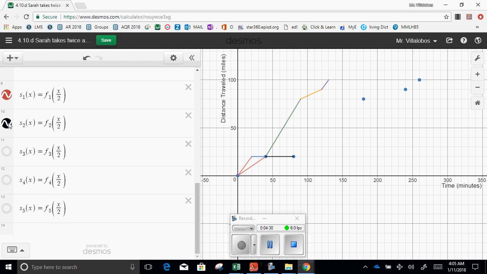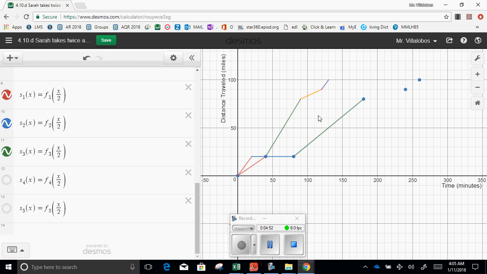This black piece, blue, takes twice as long and starts later. This is the green piece from before. And again, it's the same height, but it's stretched out piece by piece, farther away.